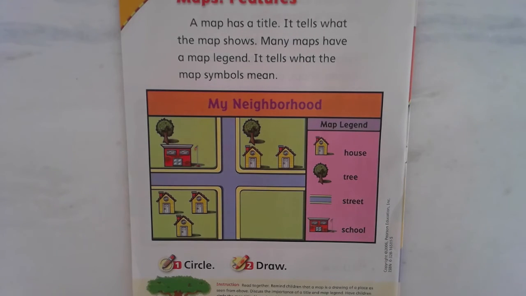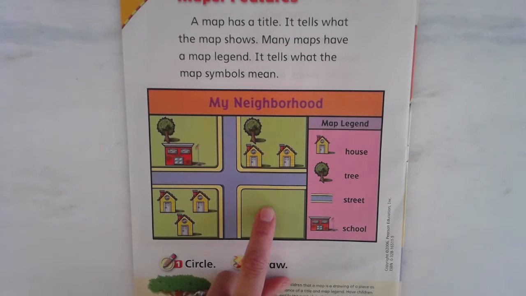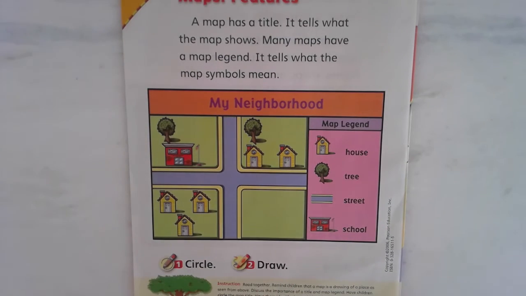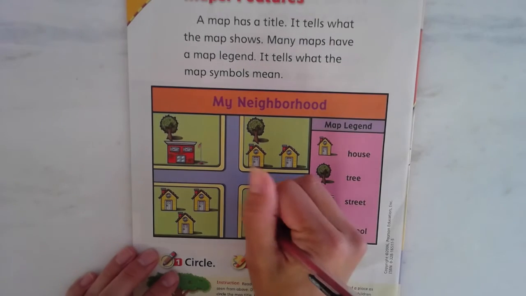Draw something in the empty quadrant on the map. What should I draw there? I should draw something that's, maybe we'll draw some more trees and it'll be a park.